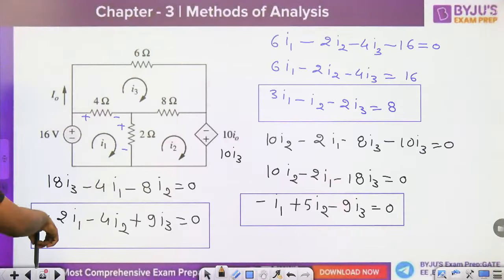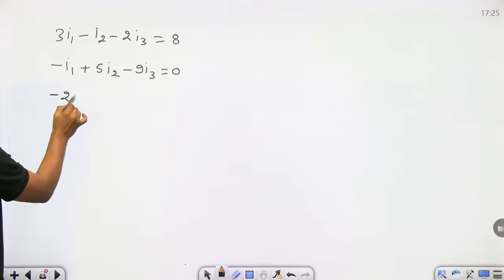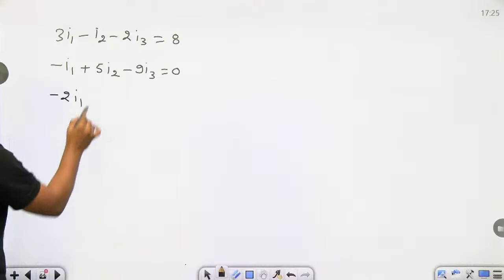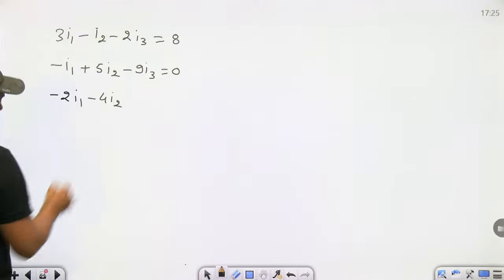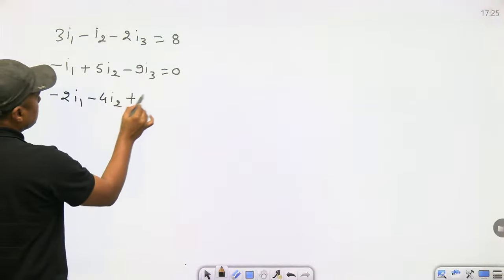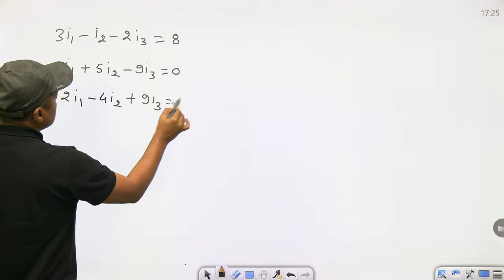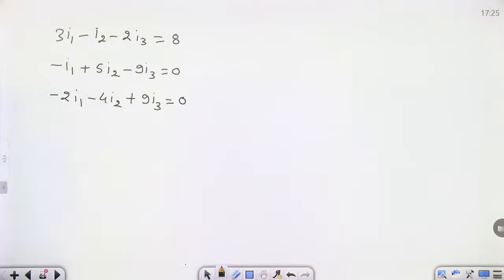Third equation, minus 2I1 minus 4I2 plus 9I3 is equal to 0. These are the 3 equations.